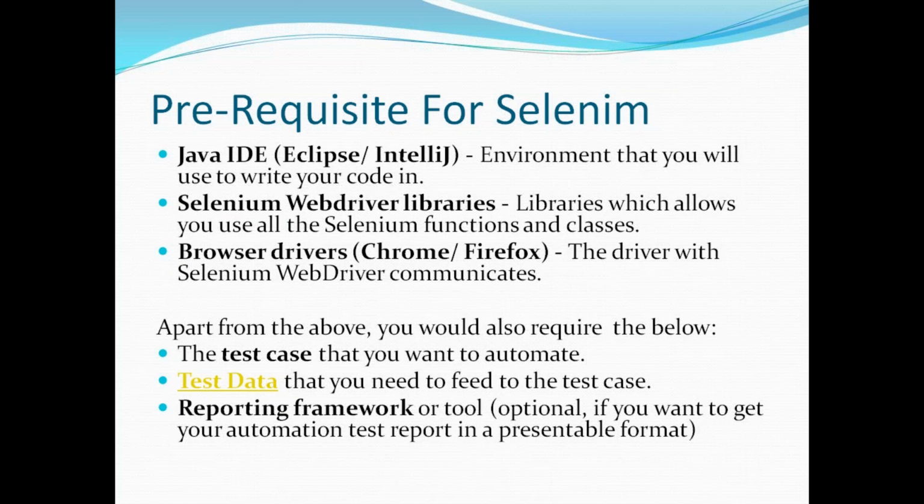Any automation you do for a project, at the end you get a very flashy report to share with the client or your upper management, showing how many tests were created and run. Let's say you ran 100 cases, 80 passed and 20 failed, and there is a reason for the failed test cases.